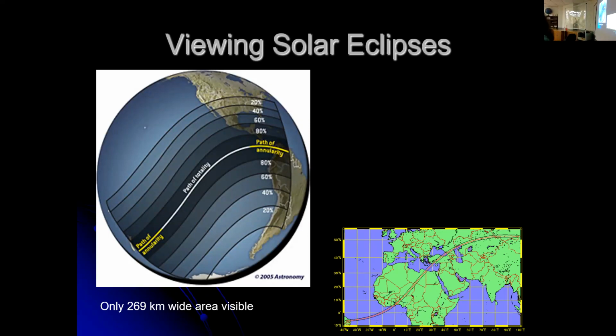So the path of totality in that picture just shows where you can see a total eclipse. And then this shows that wherever you are, you can see it a little bit different, but there's only about 270 kilometers that an eclipse is visible. So they're pretty rare to see a total one.